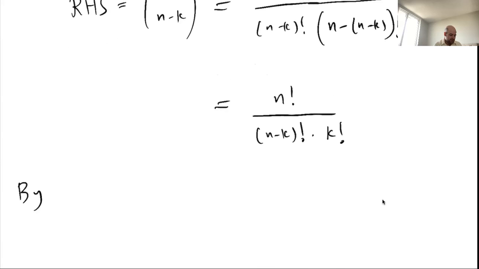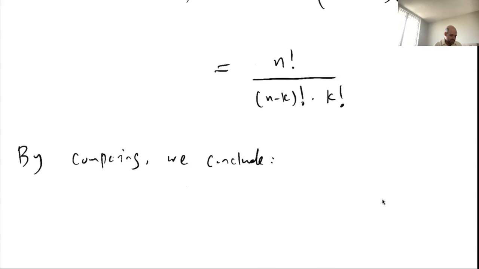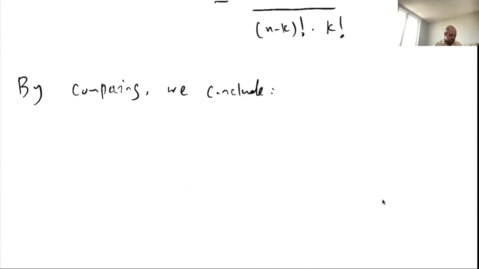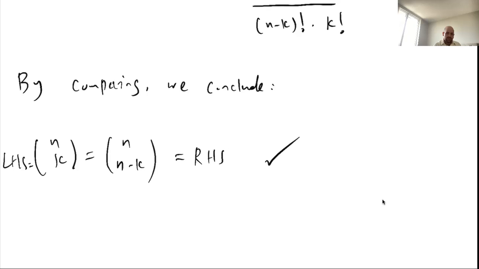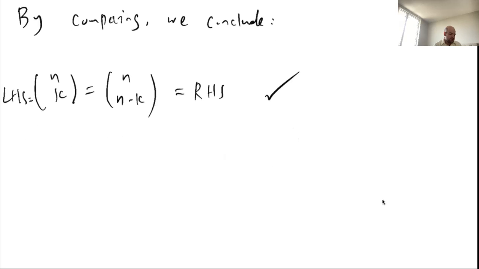So by comparing, we conclude that n choose k equals n choose n minus k, which is my left-hand side, and this is my right-hand side. Okay, so this is one proof.